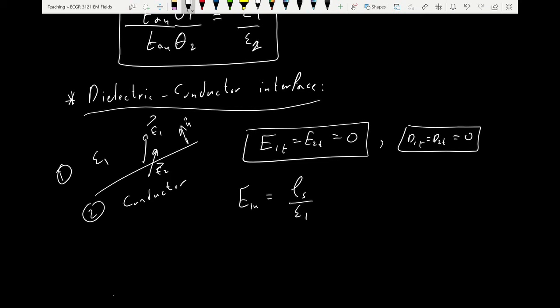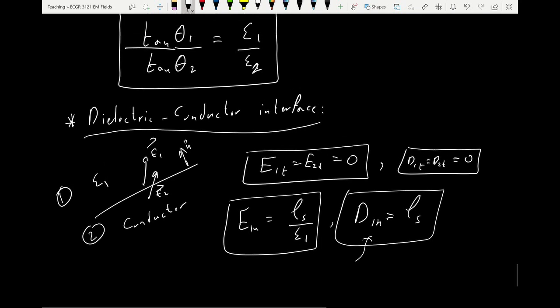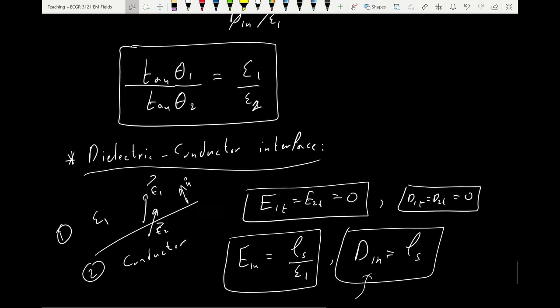And D1n equals rho s. We derived this result using Gauss's law, and we could think of it as a polarization. So there's a normal polarization at the interface, and that results in a positive charge density. So those are the results.